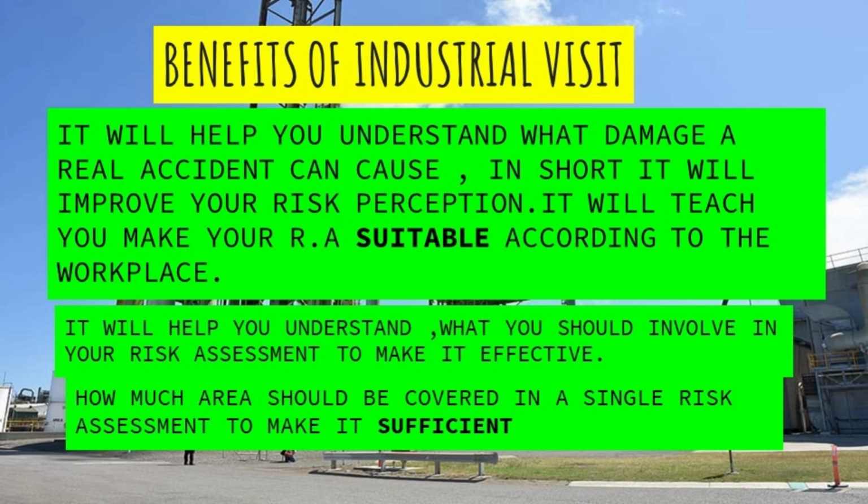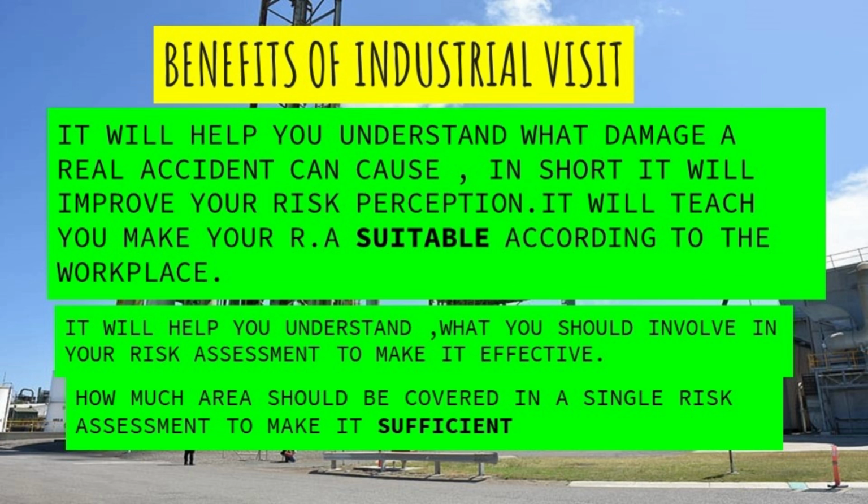So you can't make the same risk assessment for every industry. Okay, you can't just copy paste everything for different industries. There are different types of hazards and you have to deal with those hazards in a different way. So your risk assessment will be according to your workplace. That's why industrial visits are important.